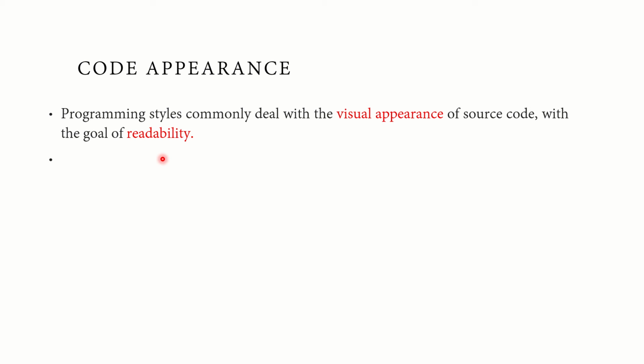If you arrange it in a particular style, if opening and closing braces are written in a new line, or if enough spaces are there, the code appearance is very important, and that will help you to understand the program very easily.